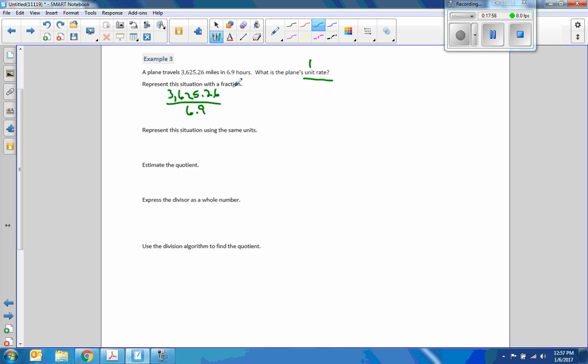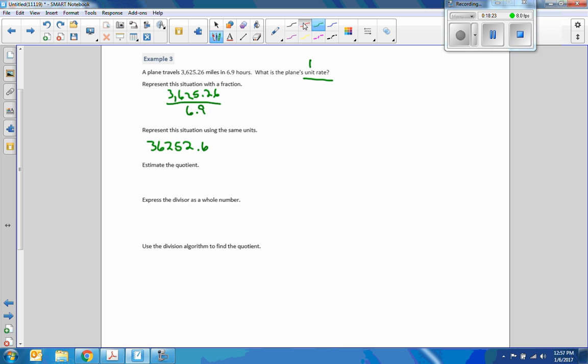Okay, represent this situation as a fraction. So there it is. Represent the situation using the same units. Okay, well now we want to call them units. So there are 6 and 9 tenths, or 69 tenths is my denominator. So I'm going to use tenths. So I take 3, 6, 2, 5, 2.6.